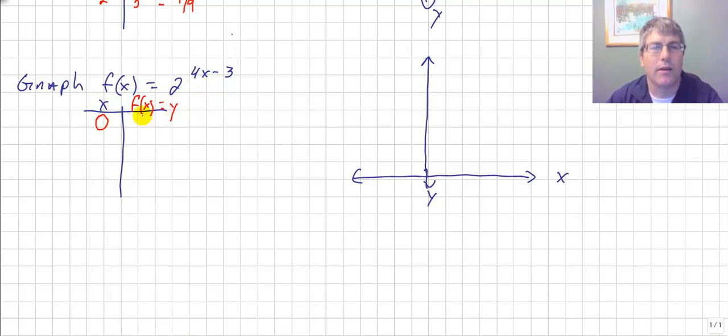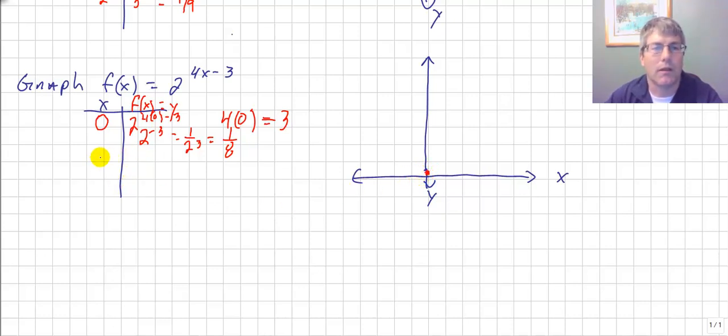This time we're not going to get 1, because we have 2 to the 4 times 0 minus 3. So this becomes 2 to the negative third, which is 1 over 2 cubed, which is 1/8. So when we input 0, we output 1/8. We're very close to the x-axis.